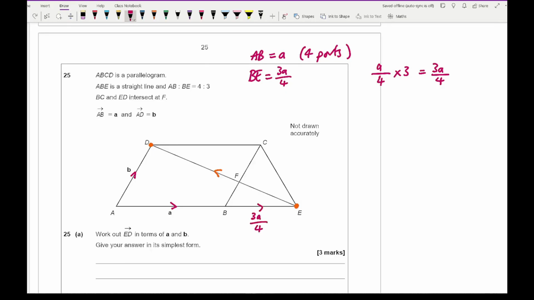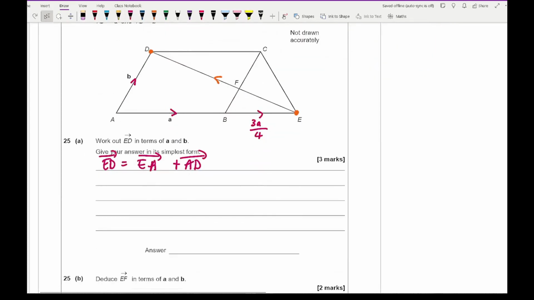So the next thing for me to do is to see how we can get from E to D. Well, E to D, I can now go from E to A and then A to D. So going from E to A, if that's 4a over 4, then that's going to be minus 7a over 4 plus b.